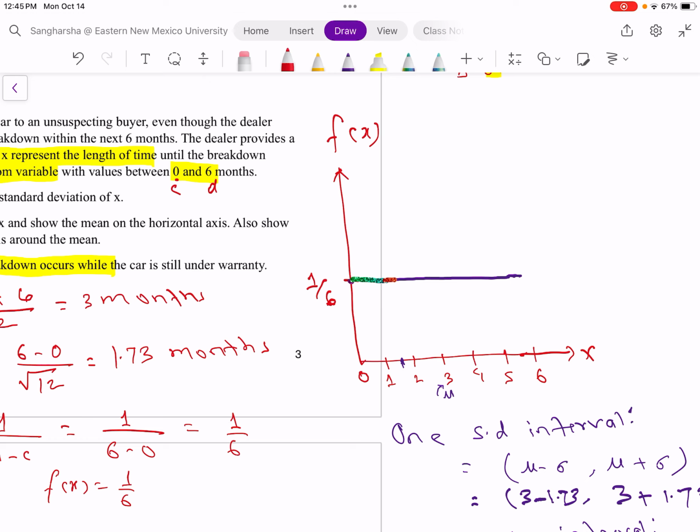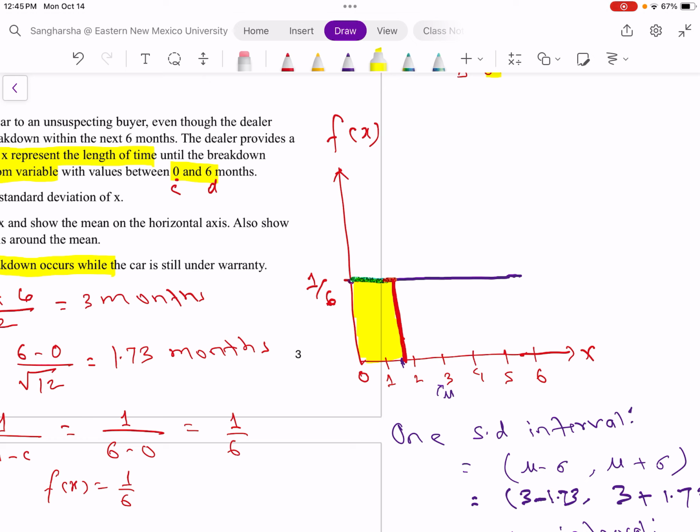We want to know the area of this shaded region. You are not finding the area under the whole graph. You have to find the specific region.